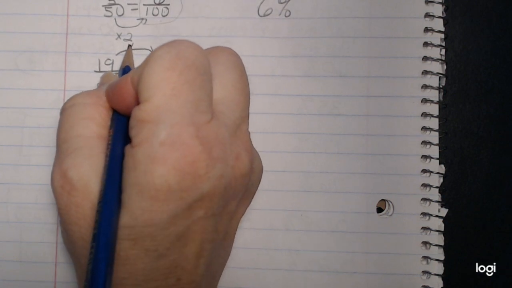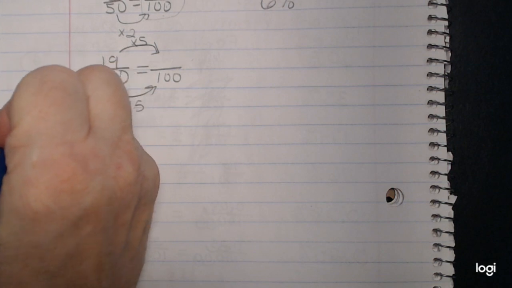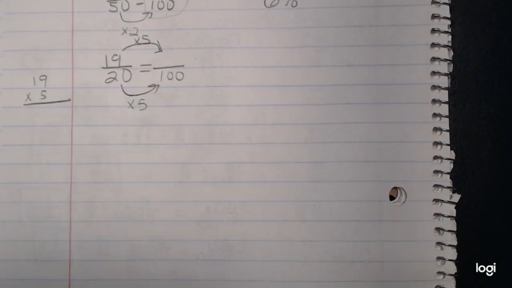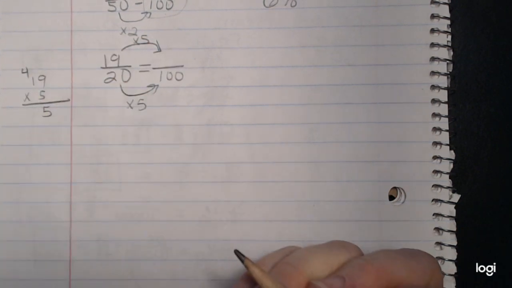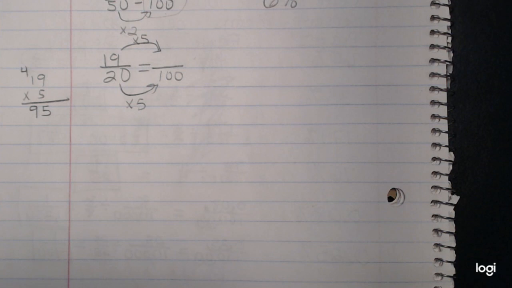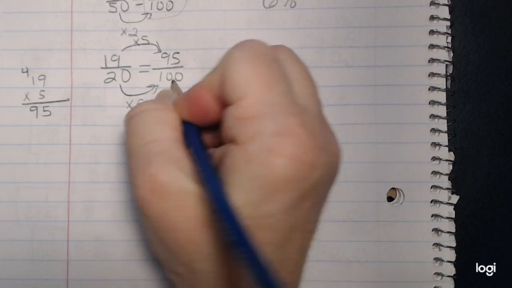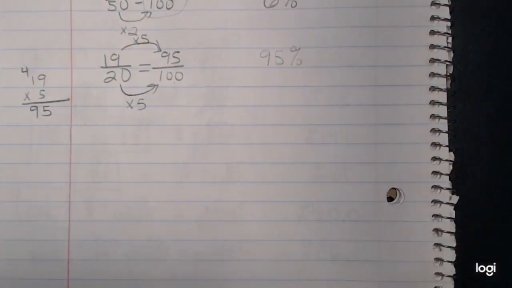So what would 19 times 5 be? Some of you are here on the side solving that for me. All right, so you see it's 95. Remember, you have to write it a percent like this.